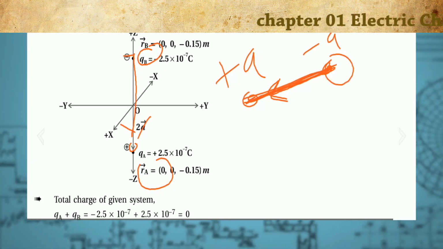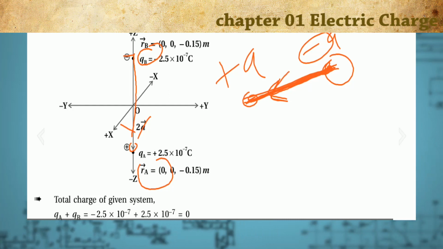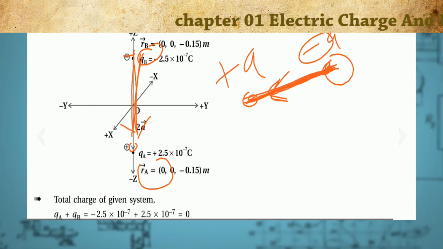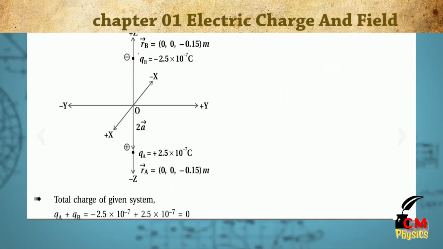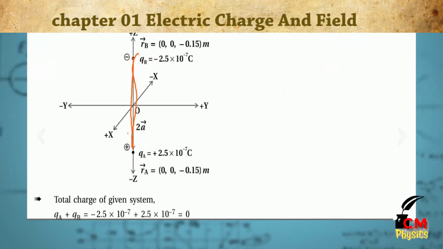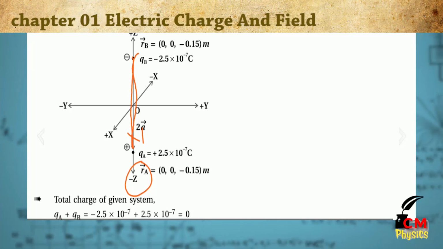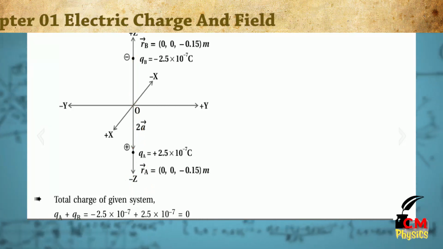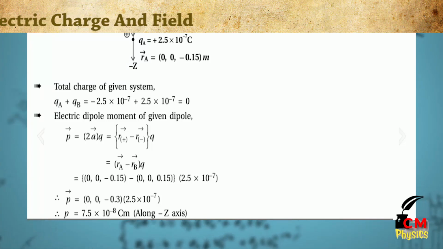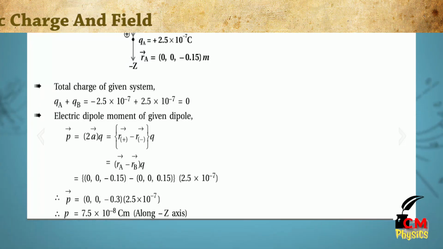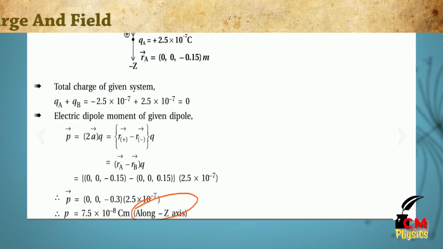Then the direction is towards the negative z-axis, and the same we mentioned at the end of the answer: the direction of dipole along the z-axis.